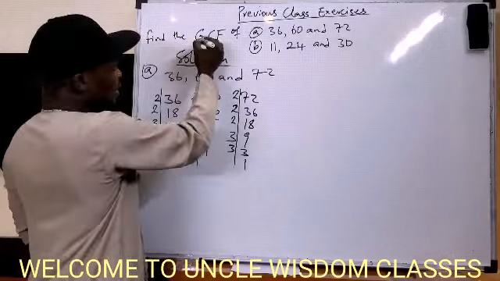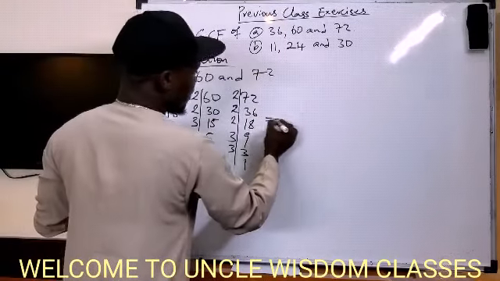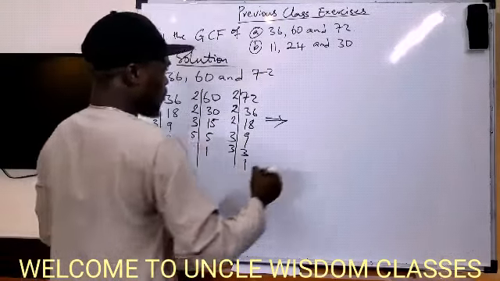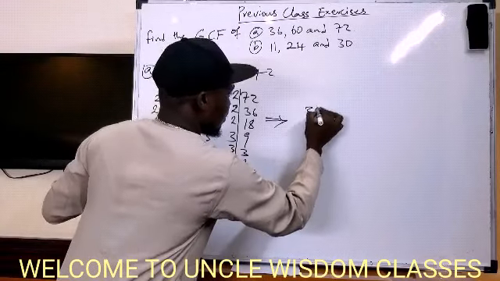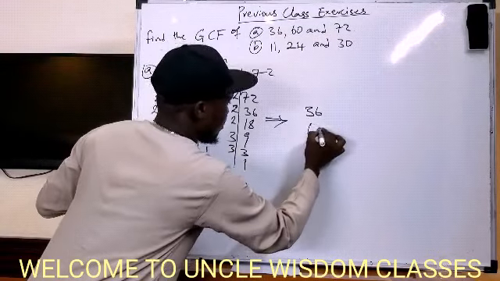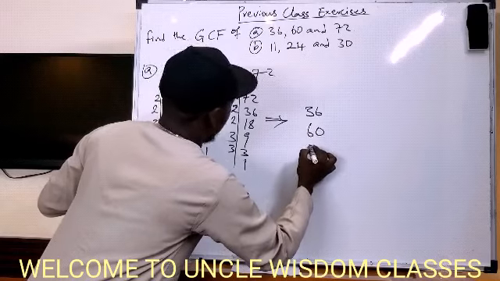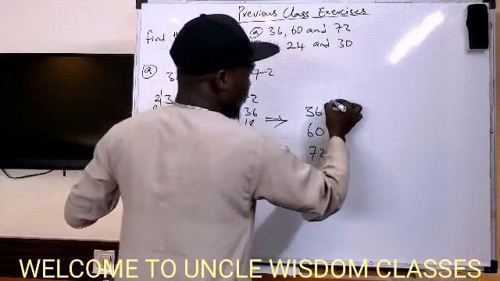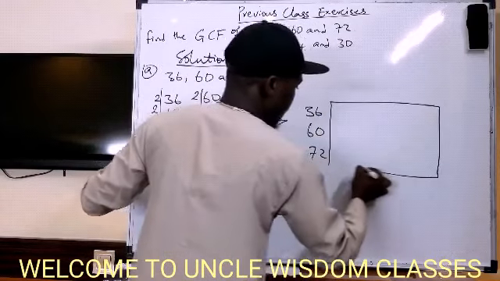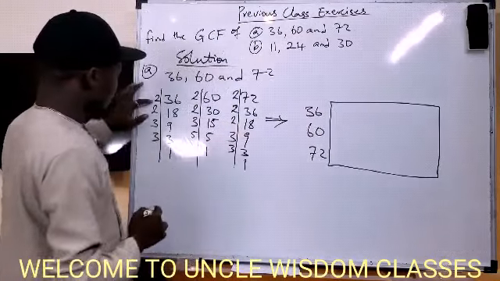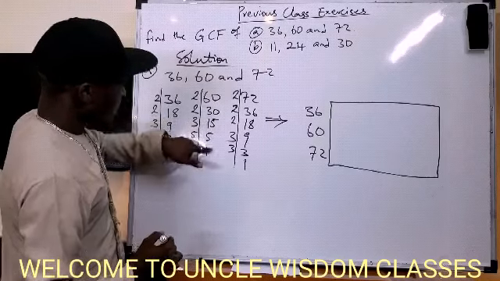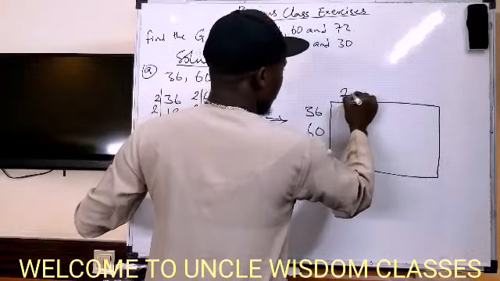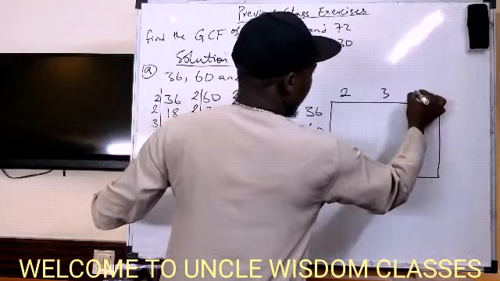Now, to find the greatest common factor, we'll create a box for 36, 60, and 72. We have 2, 3, and 5 here, so we'll write 2, 3, and 5.